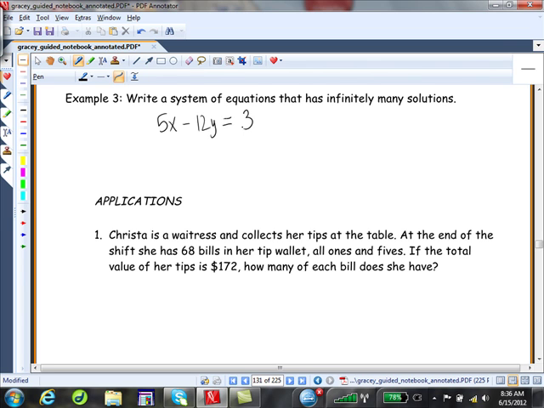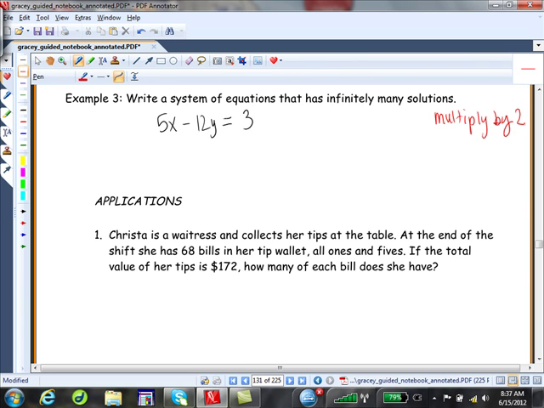Okay. Now, let's multiply by, this is what we're thinking. What do you want to multiply by? You want to double it? We'll just double it, okay?